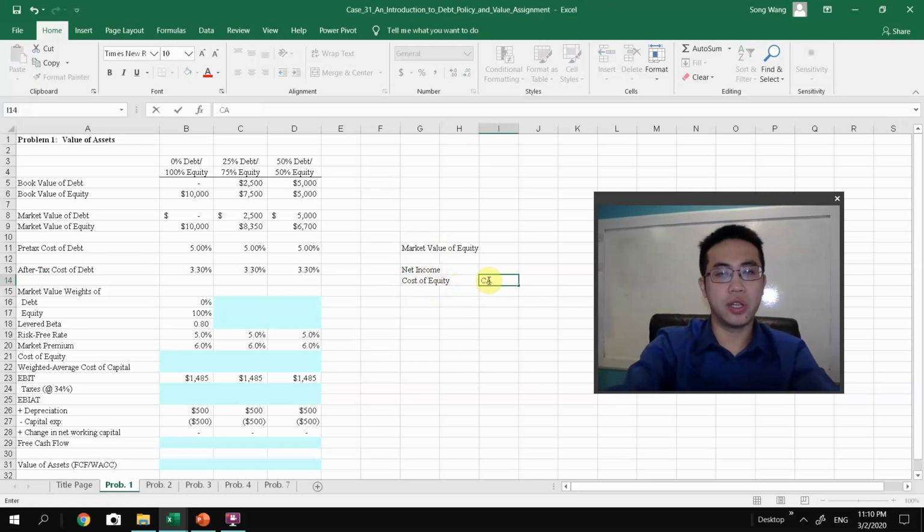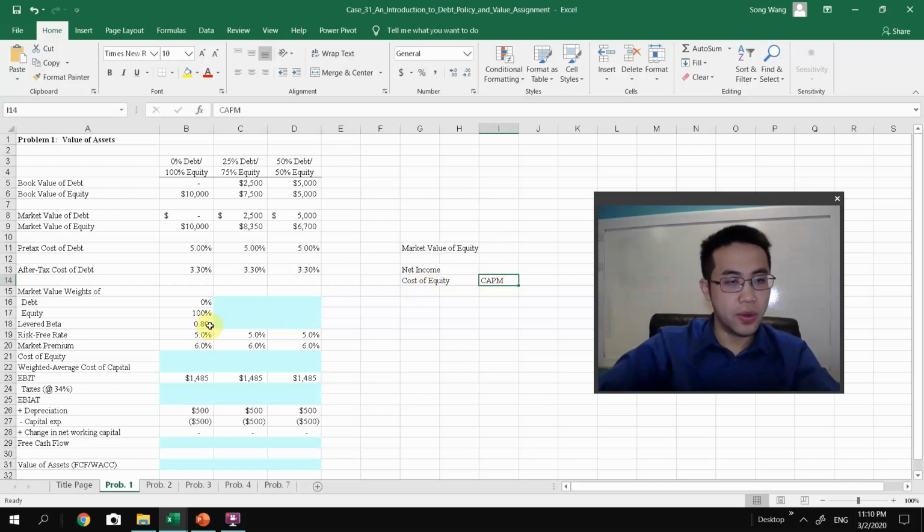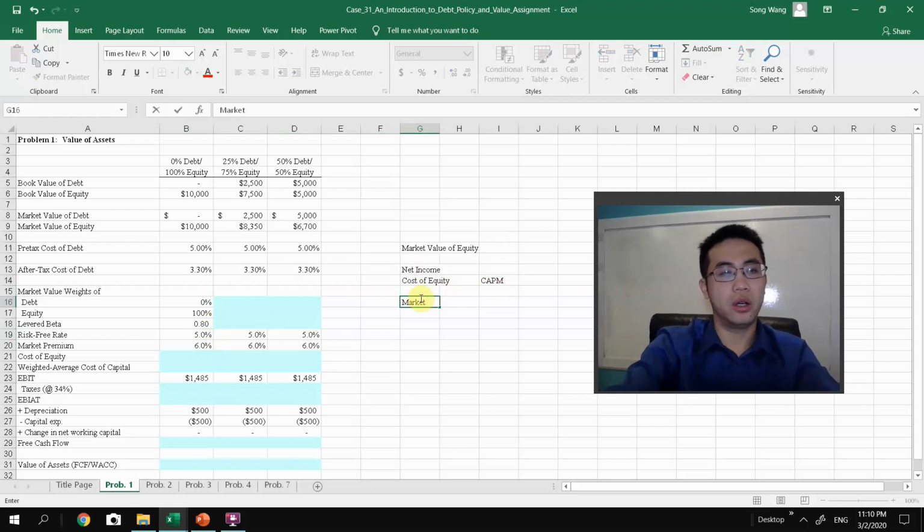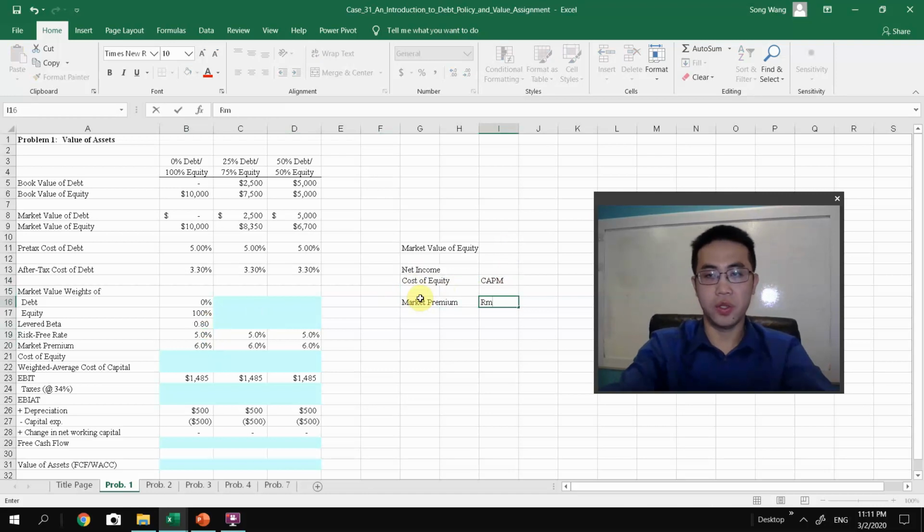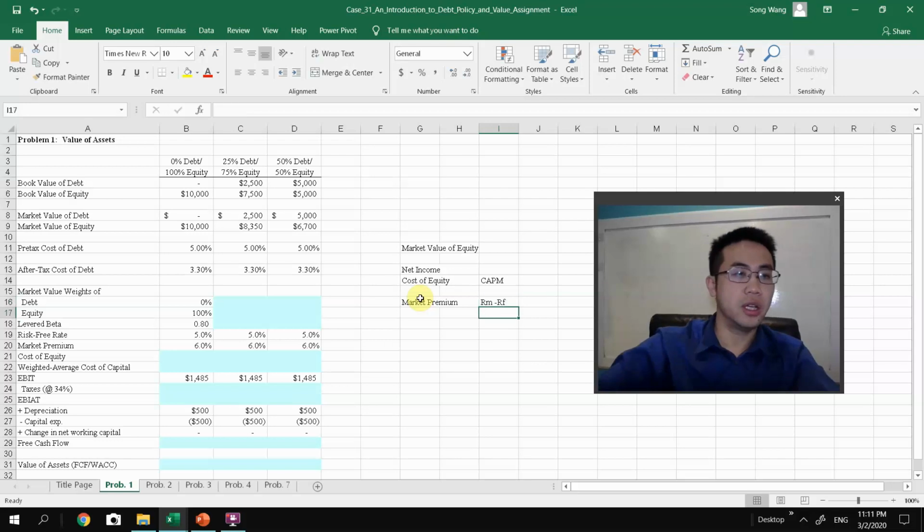So what information do we have in the CAPM? You have a levered beta, the risk-free rate, and a market risk premium. The market premium is basically the market return, usually using the Standard & Poor's 500 as a market index, minus the risk-free rate. The market premium here is 6%, and you also have a beta of 0.8.